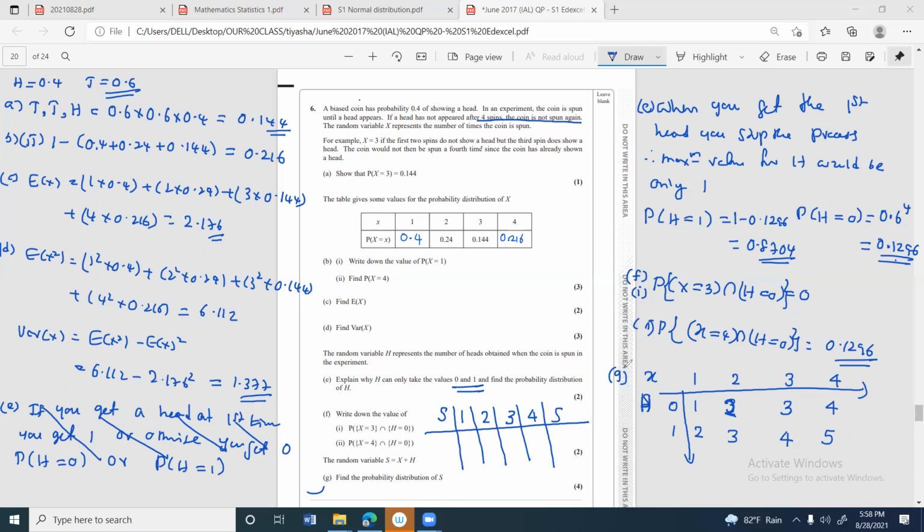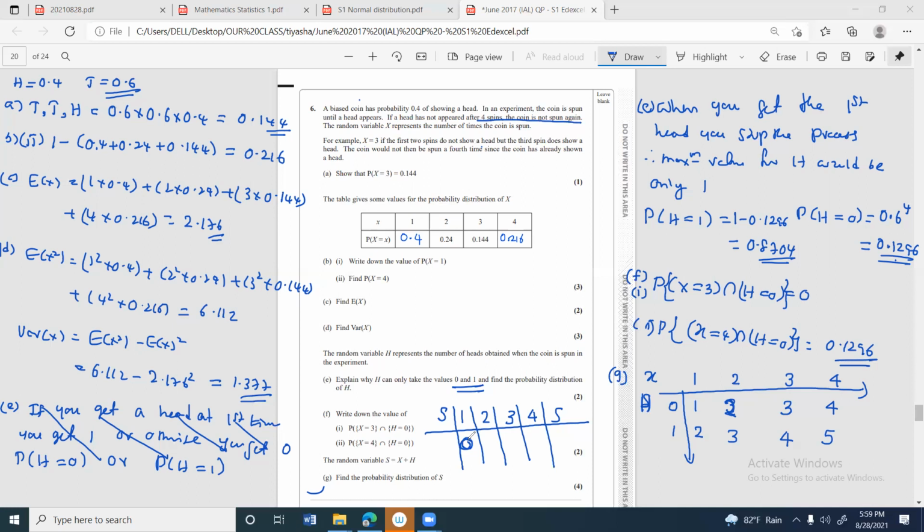You have to trial 1 time to get a head. Then here you don't get a head, and there is no such element you can see. If you get a head at the first time, there is no way of getting no heads at the first chance. Therefore, this probability should be 0.